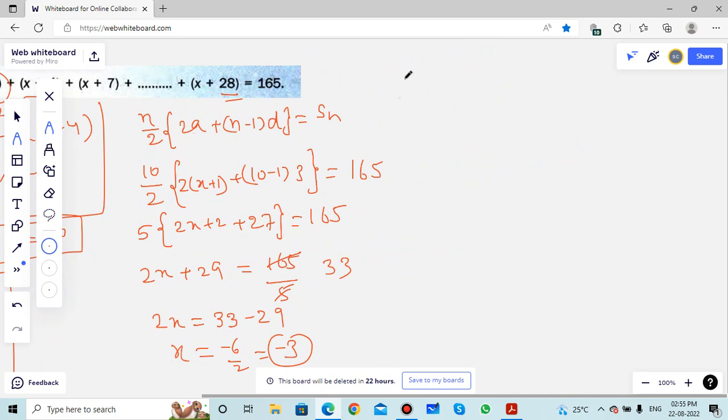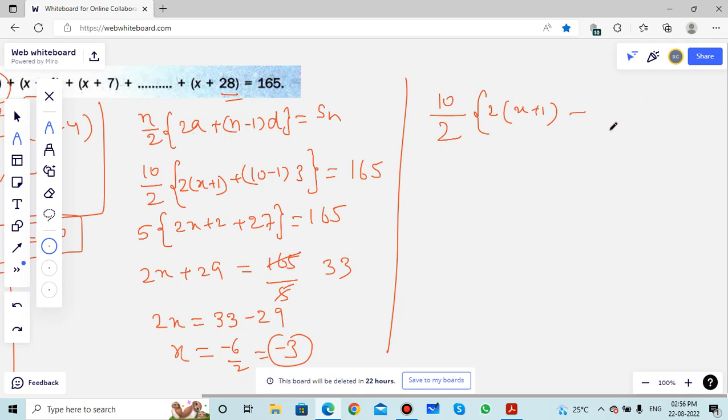Give me 1 second. Let me do it in this manner here. N upon 2. So n is how much? N is 10. 10 number of terms upon 2. 2 into x plus 1. Since we are taking the first term as x plus 1 here, plus we'll not take it's 10 minus 1, and d we will take it as, okay, we'll not take d in this case.